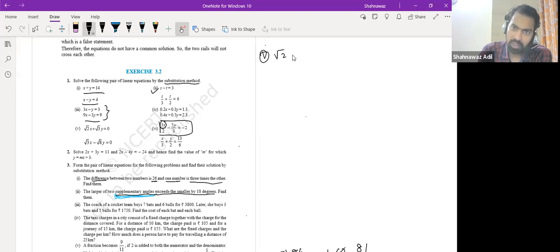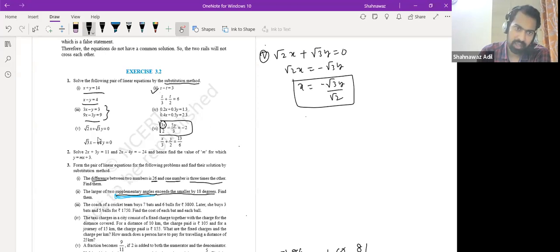So root 2x plus root 3y equals 0. So root 2x would be equal to minus root 3y. So x is minus root 3y by root 2.